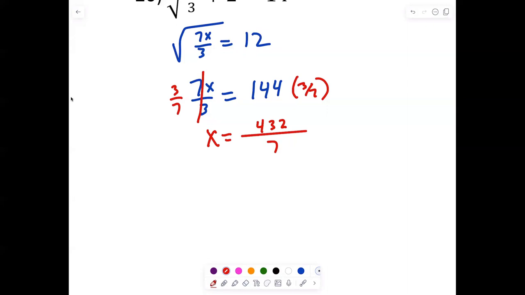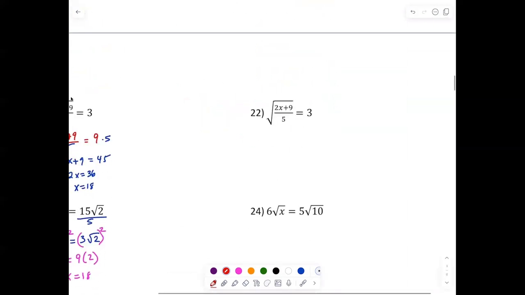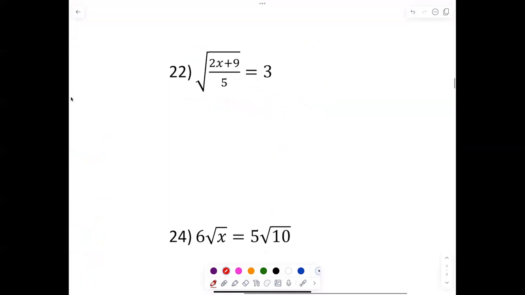Everybody's good? All right, here we go. All right, let me give you 30 seconds. See if you can get this one correct. All right, try it all by yourself. Squaring both sides. 2x plus 9 over 5 equals 9.